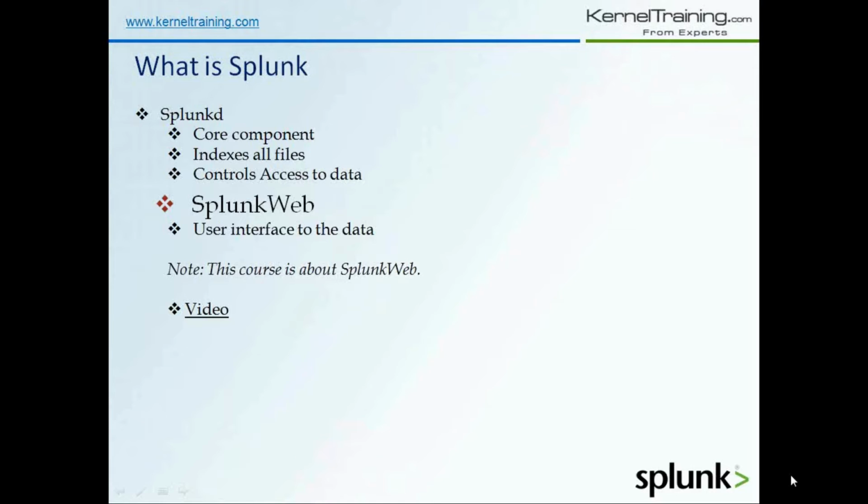Splunk Web is the one which we will be using frequently. It's the client part of Splunk. It's the user interface to the machine data which is indexed by Splunk.